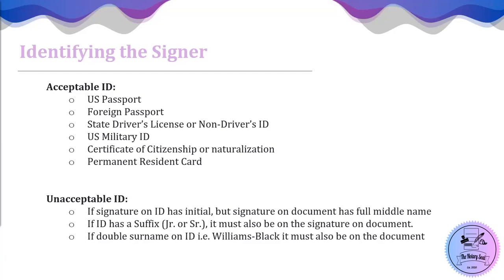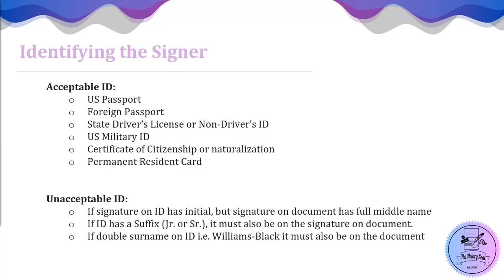Now there are some unacceptable forms of ID. Those include, if a signature on the ID has an initial, but the signature on the document has a full name. For example, if their name is Frank Green and it's F Green on the ID, but the document says Frank Green, that would be unacceptable because the ID is a shorter version of the name.